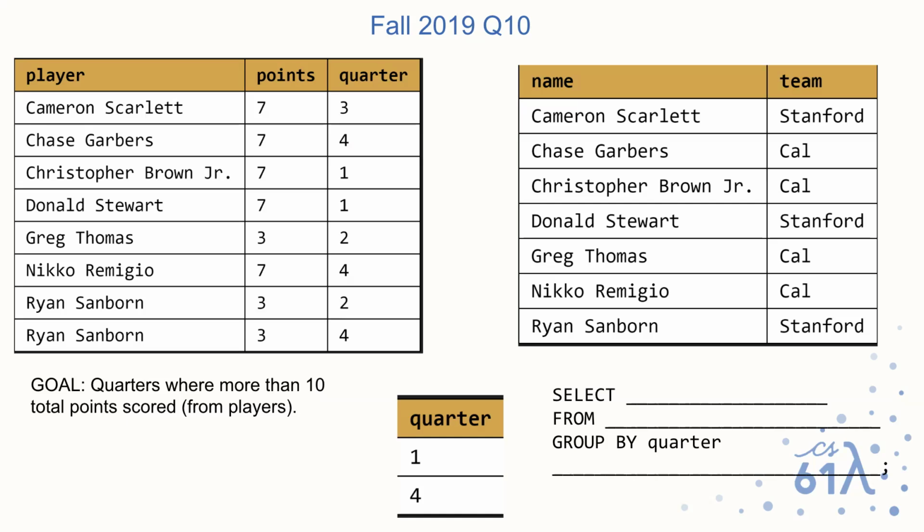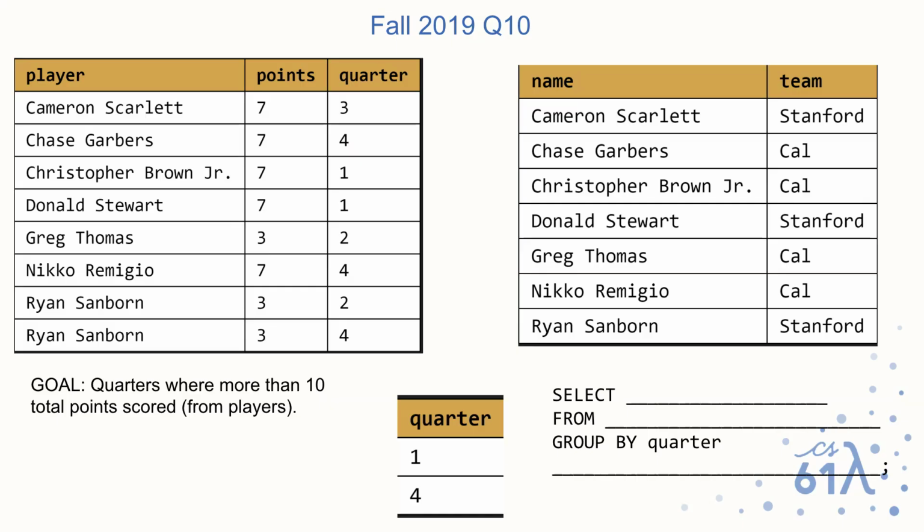Actually, I forgot about that. My bad. So the idea is you want to find all the quarters in which more than 10 points were scored. This represents an ID for a quarter, so quarter 1, quarter 2, quarter 3, quarter 4. And these are the points that were scored.